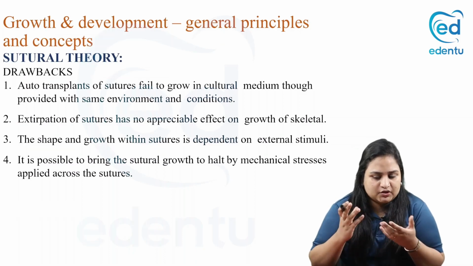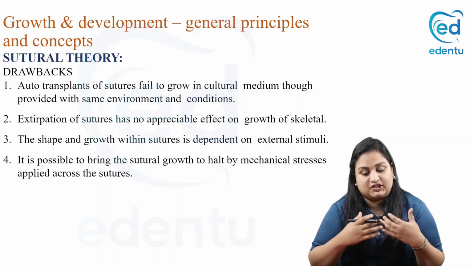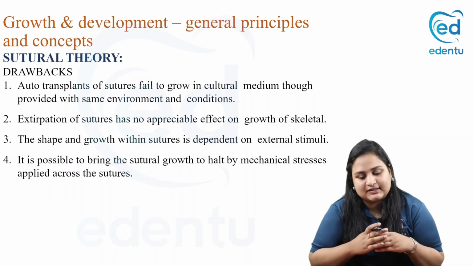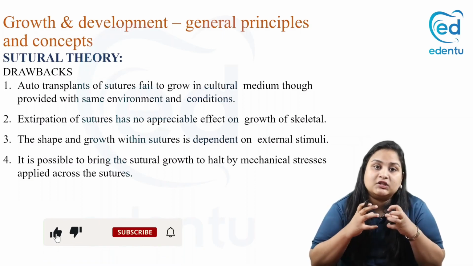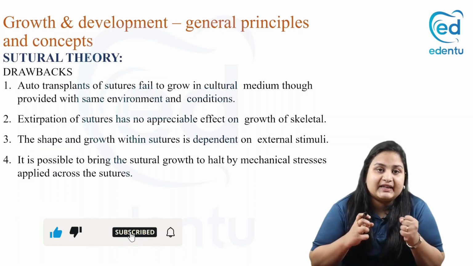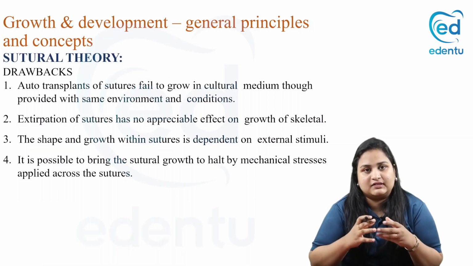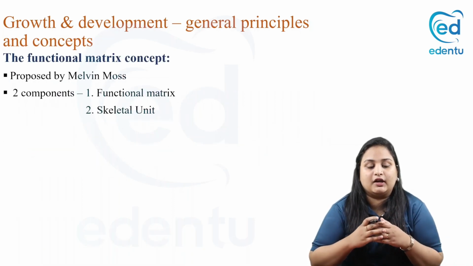Then, extirpation of the sutures has no appreciable effect on the growth of the overall skeleton. The shape and growth within the sutures are always dependent on external stimuli. It is also possible to alter sutural growth by applying mechanical stresses. These are all the drawbacks of this theory, which led to the concept of another theory.